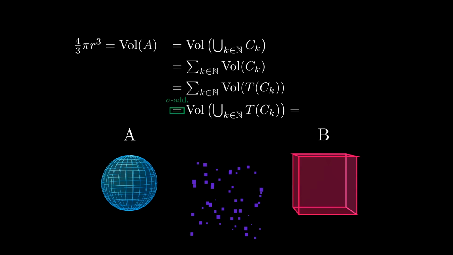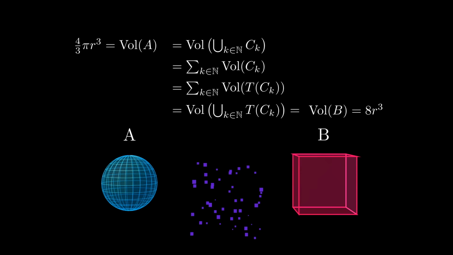But since these shifted sets are still disjoint, we can again use the sigma additivity of our measure to conclude that this is the same as the volume of the union of these shifted sets. And by the Banach-Tarski theorem, we know that this union is simply our cube. So we would conclude that the volume of our sphere is indeed the same as the volume of our cube.